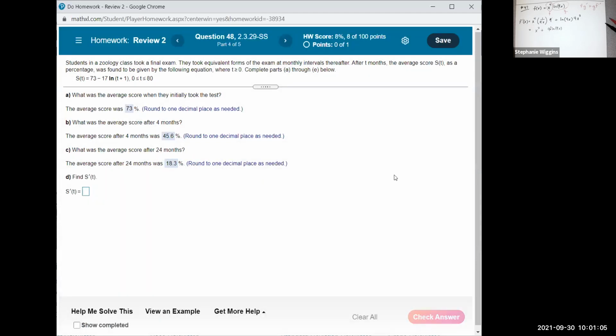And finally, oh no, not finally, they want you to find the derivative of this function. So that's kind of getting down to the main thing here, finding the derivative. So let me copy the function down and I'll show you how to do that. Okay.